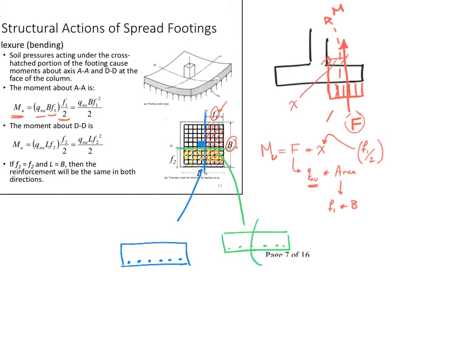I have to calculate phi Mn for this one, and I have to calculate phi Mn for this one, exactly the same way we used to calculate things, and then compare them to MU1 and MU2. Now remember, if I ask this question, what is this width? This width will be L. Where is L? Over here.